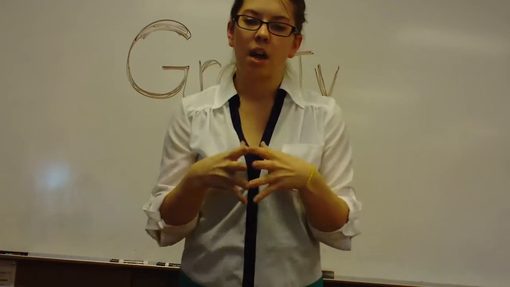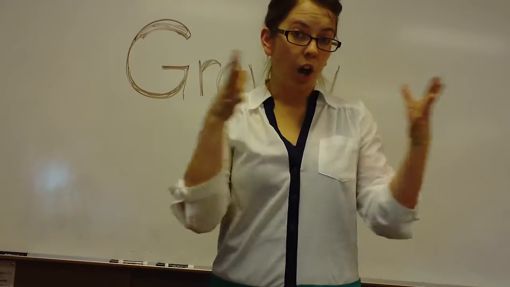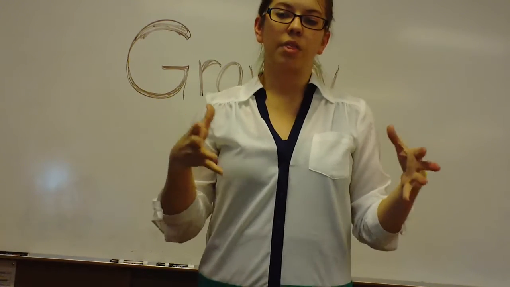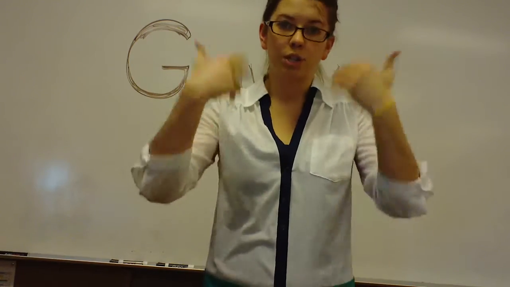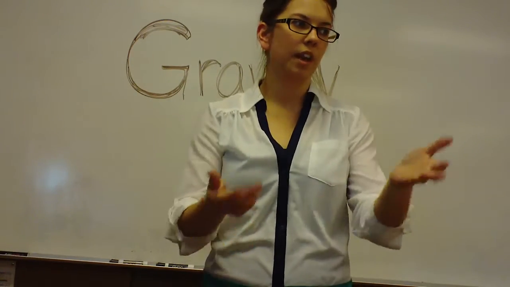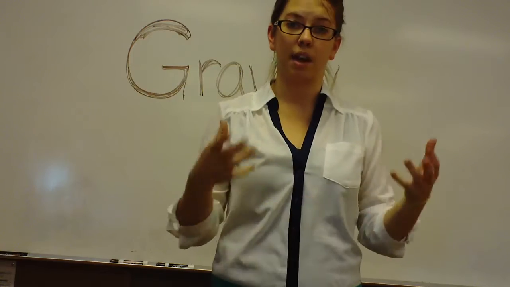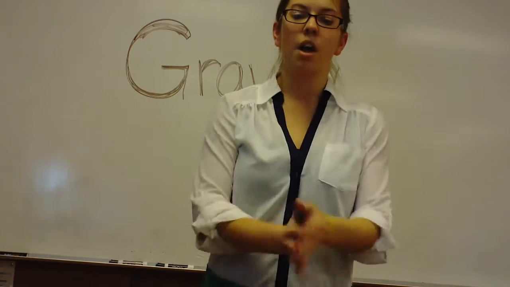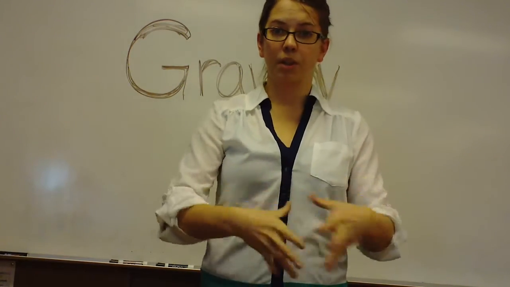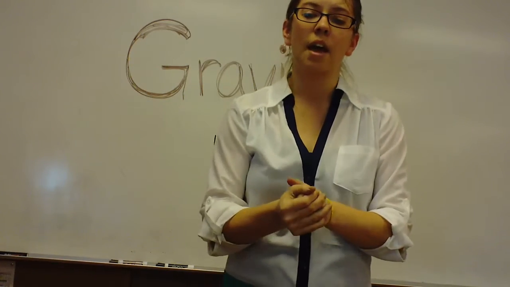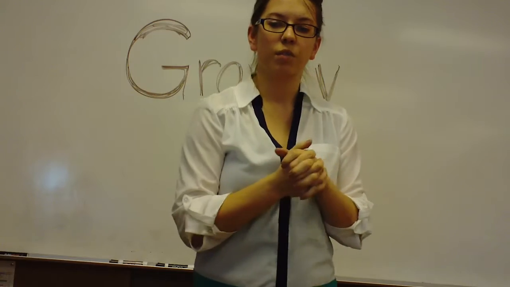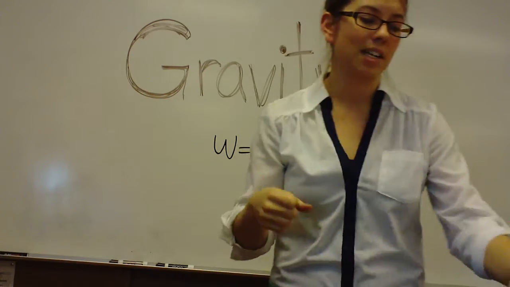But when something is very large, like the earth, that force is very easy to detect. Nobody wonders if we're attracted to the earth. We feel it every day when we walk down the hallway, when we get out of bed, when we jump, we fall down. So we know with the earth, because it's a very massive object, we can see that force very easily. The thing is, gravitational force increases as mass increases.